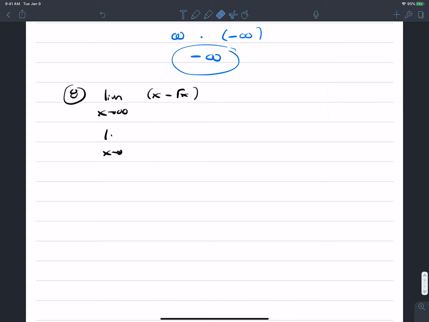Well, let's back up really quick here. Since this limit is going to infinity, by properties, we just have to take the limit of x minus the limit of the square root of x, and this is as x goes to minus infinity.